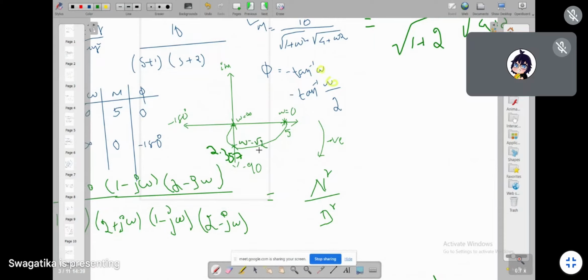Okay, suppose the plot will be like this, ending at minus 270 degrees. Then it will cross the real axis. If it crosses the real axis, then what will you do?